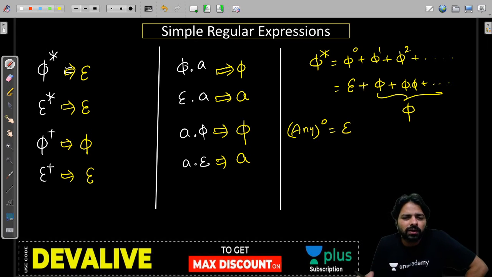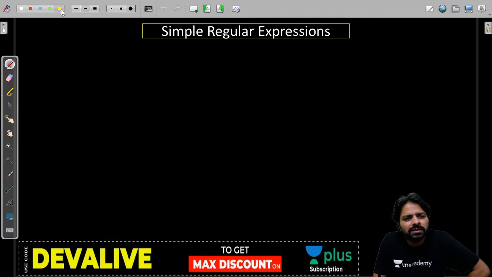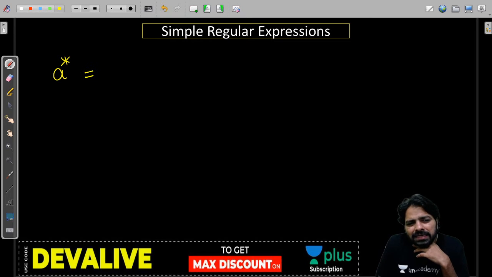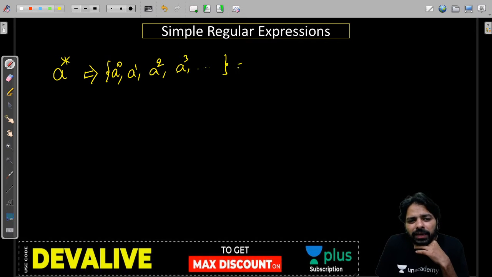Now let's focus on understanding the expressions too. Okay. Now when somebody writes Kleene closure, guys, okay, I haven't told you, let's do the definition also once. A star means you will have a power 0 in the language, a power 1, a power 2 and a power 3 and so on. So the meaning is like this: epsilon, a, double a.